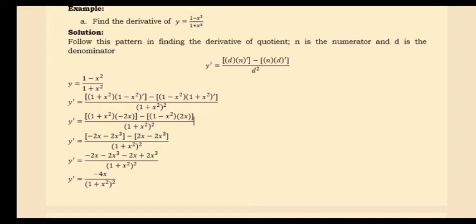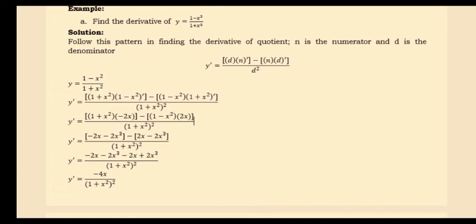So our rule here, we have y prime is equal to the denominator times the numerator prime, or the derivative of the numerator, minus the numerator times the derivative of the denominator, all over the square of the denominator. So y is equal to 1 minus x squared all over 1 plus x squared. Let us take its y prime.